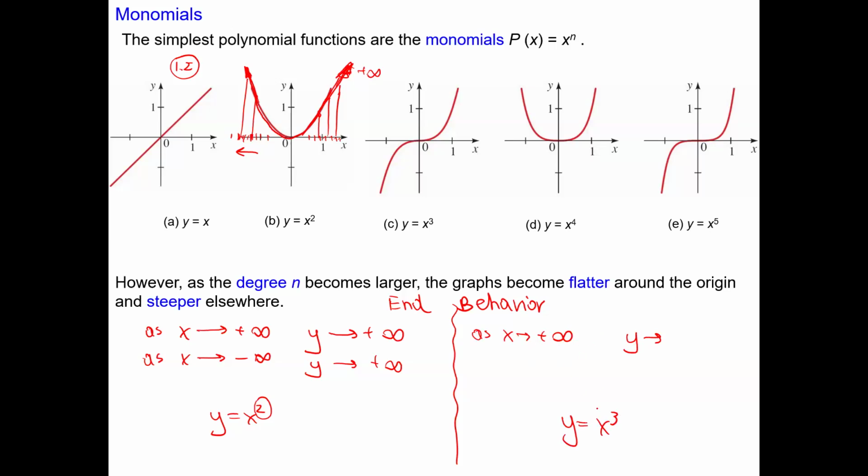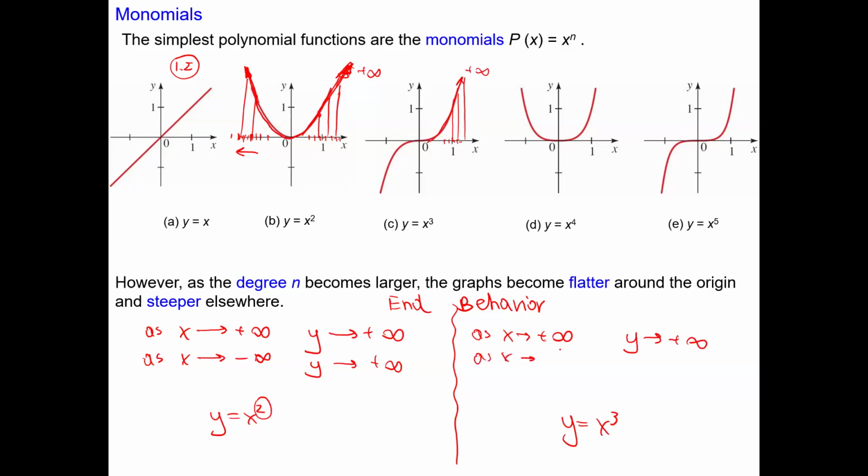However, in this situation we can just think of big numbers: positive big numbers cubed will be positive. We can see x getting bigger and bigger, the big values are cubed, and y also goes to positive infinity.